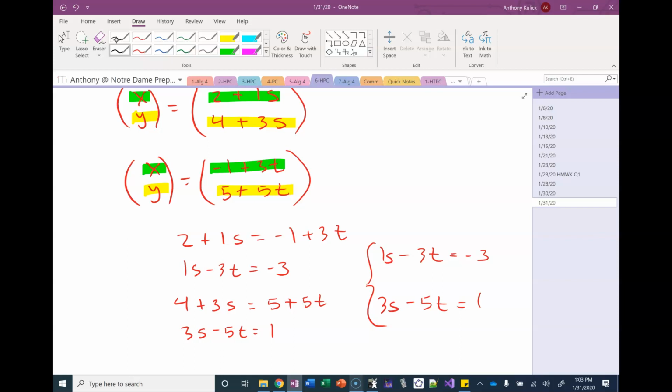We did this problem and showed you how to do this problem using only your calculator. We're going to use a matrix, okay? And then we're going to do the row reduced echelon form, or RREF, on that matrix.